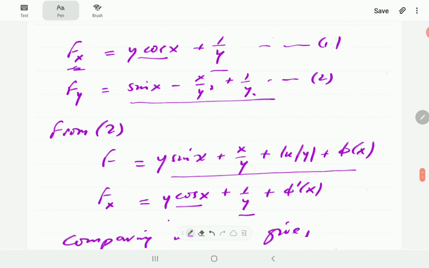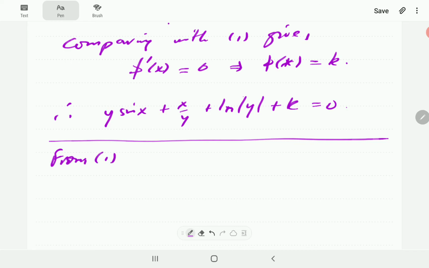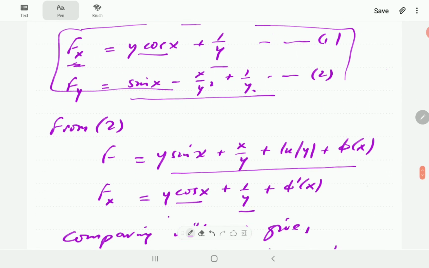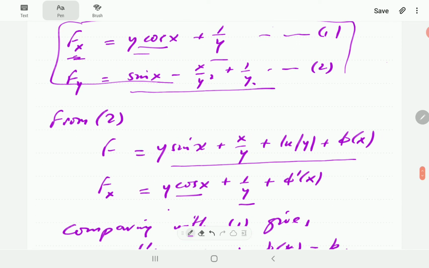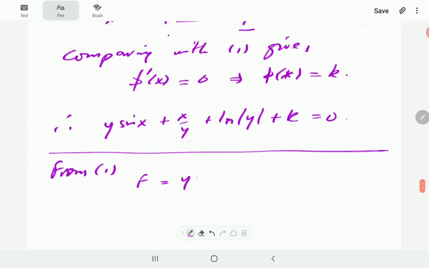I'm actually just going to do the same thing now, starting by integrating 1, just in case somebody is not happy with this approach. So if we integrate this with respect to x, integral of cosine x is sine x. So we're going to find f is y sine x.